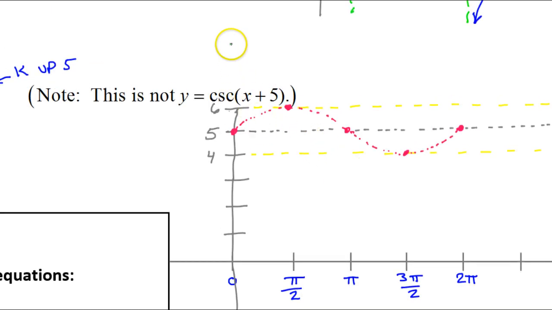There should be a vertical asymptote right here at the y-axis, another one right here at the midline, and another one right here where the sine function touches the midline. Those are my vertical asymptotes.